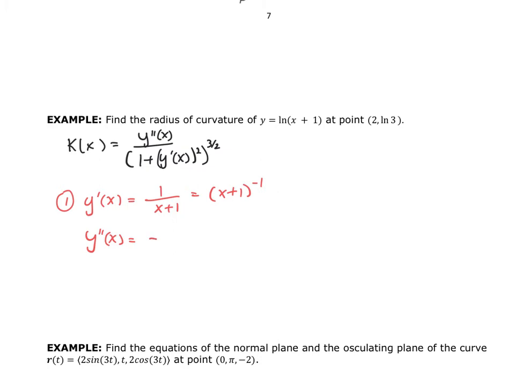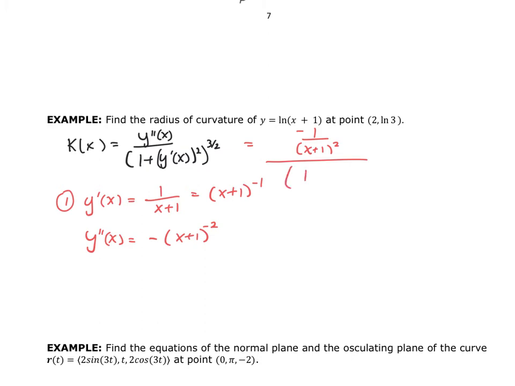So I get negative, and then I have x plus 1 raised to the negative 2. Now I'm going to put everything in the right places. So this is equal to negative 1 over x plus 1 squared. That is my y double prime of x.